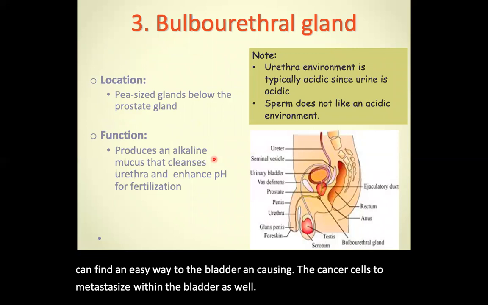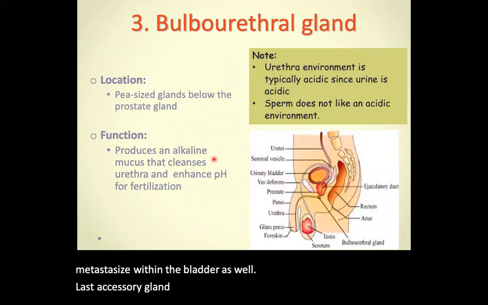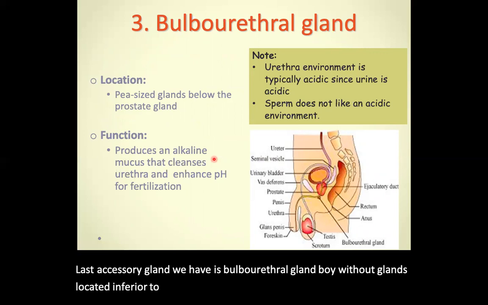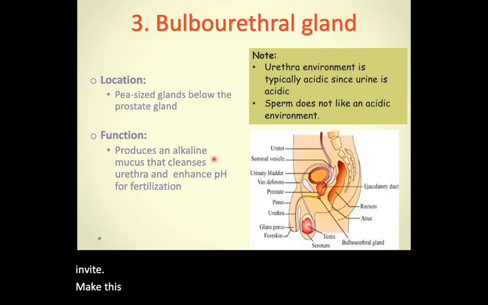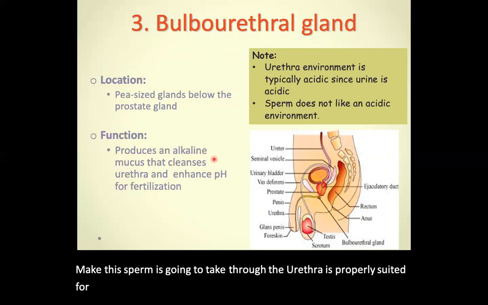The last accessory gland we have is the bulbourethral gland. The bulbourethral gland is located inferior to the prostate gland. It is relatively small, about the size of a pea. The purpose of the bulbourethral gland is to make sure the environment the sperm is going to take through the urethra is properly suited for the sperm.